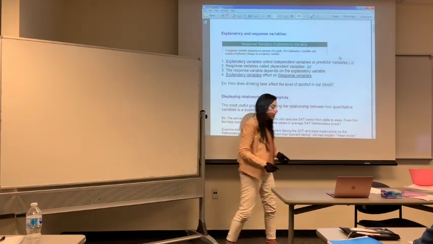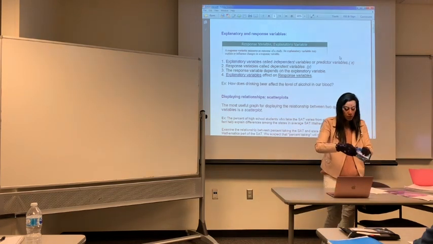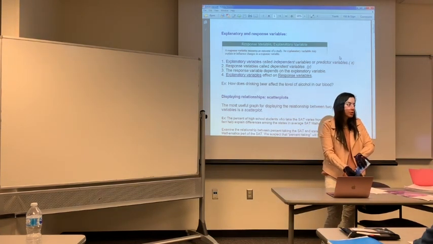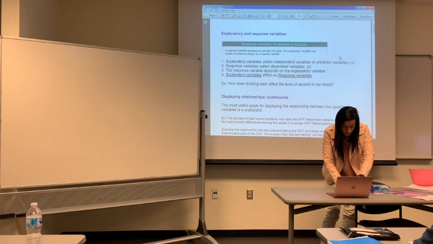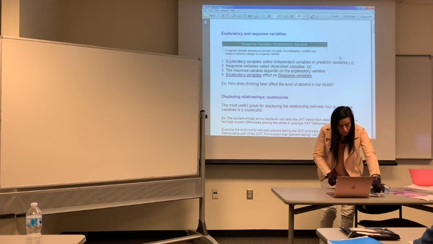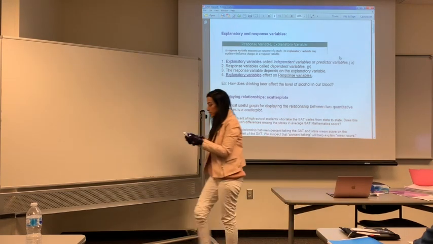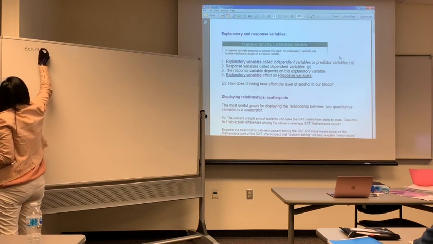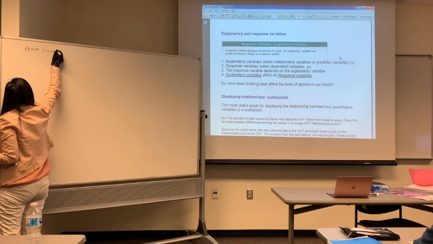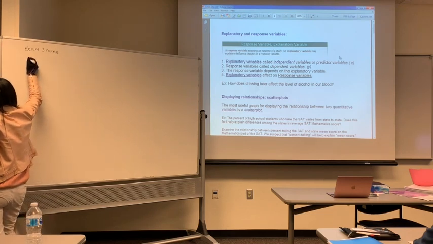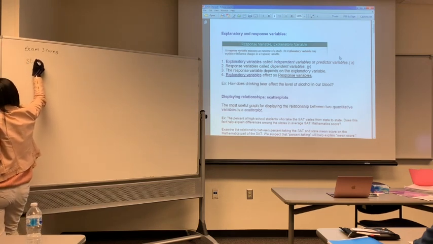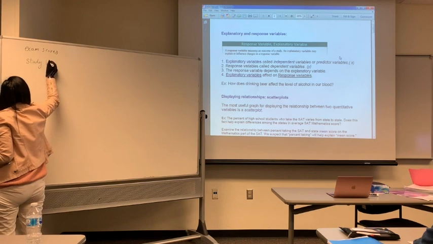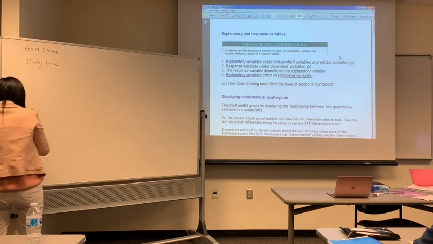Okay, now let's talk about study time and exam score. Let's say we have a student's exam score as a variable, and then I have study time as the other variable.